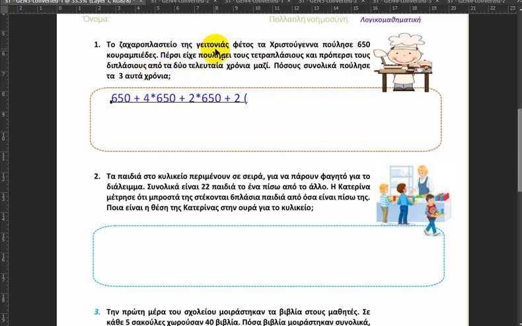Year 2 is 4 times as much. Year 3 is 2 times as much as the previous 2 years combined. So this is year 3. It's 2 times the previous 2 years. So this whole thing combined.